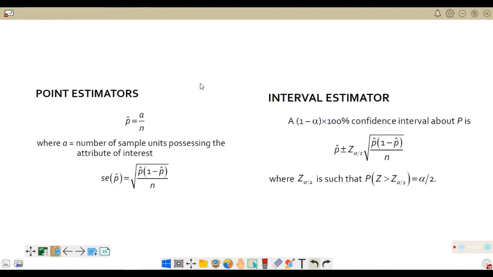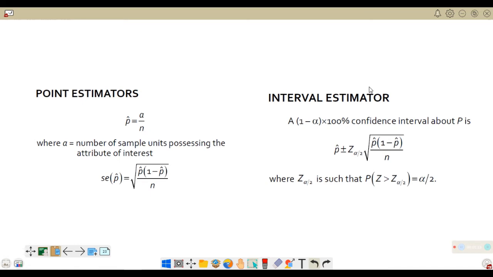Now, we have two different types of proportions. Yung isa, we are going to make use of point estimators, and yung isa naman, interval estimator. Na-discuss ko na before kung ano yung difference ng point at saka ng interval.